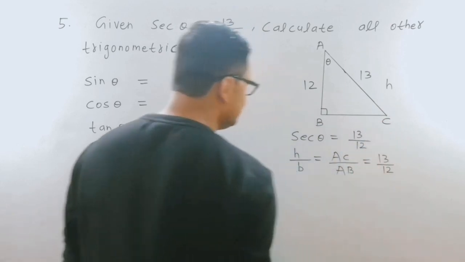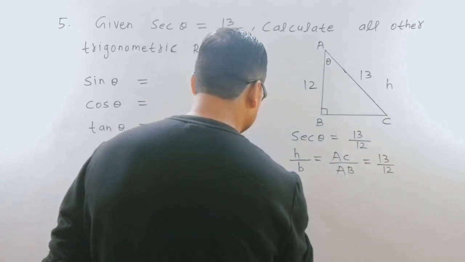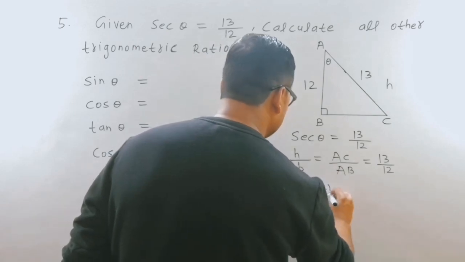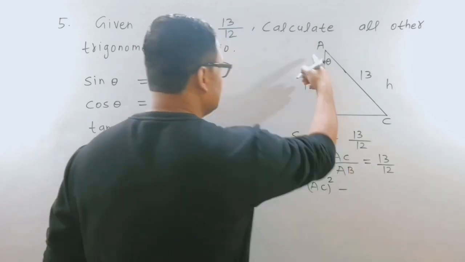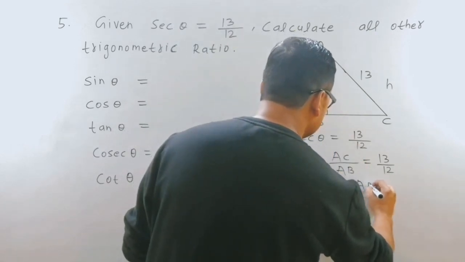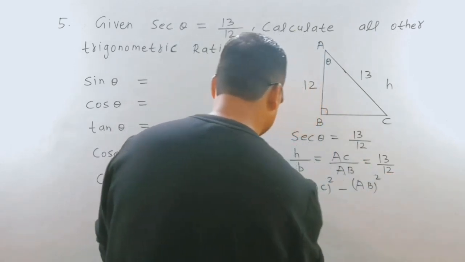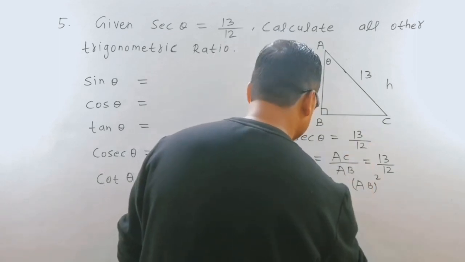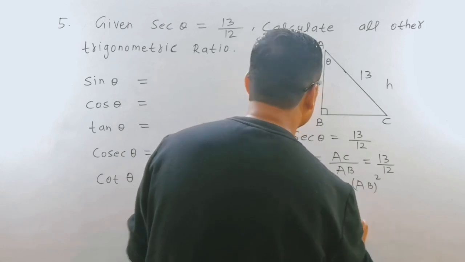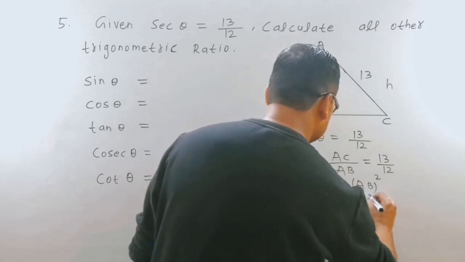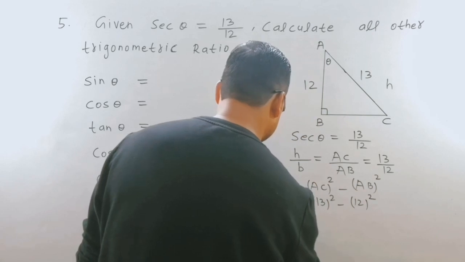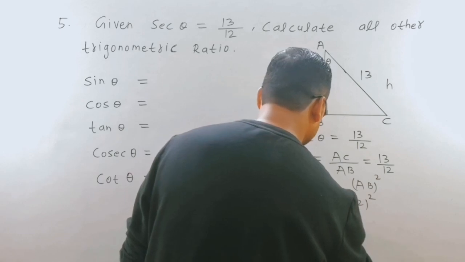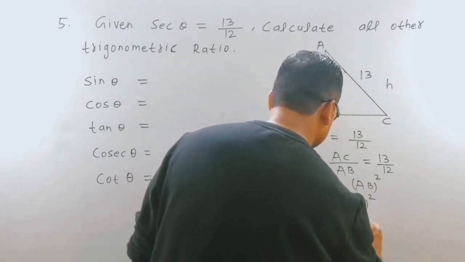Now we have to find BC using the Pythagoras theorem. BC square equals the square of the hypotenuse minus the square of the given side AB. So we got 13 square minus 12 square. 13 square is 169 minus 12 square is 144.